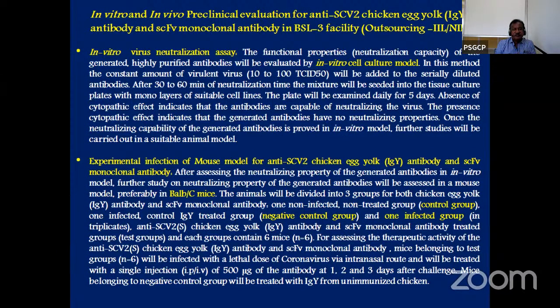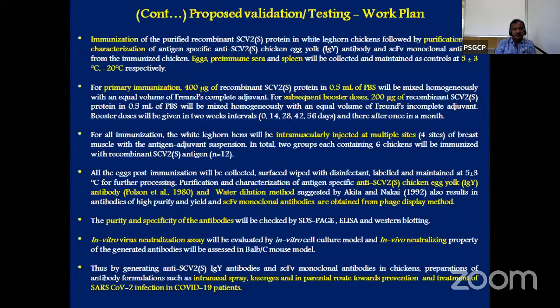We have proposed in vitro virus neutralization and in vivo neutralization using a BALB/c mouse model. Validation studies we will also have to do finally. So what will be the outcome?